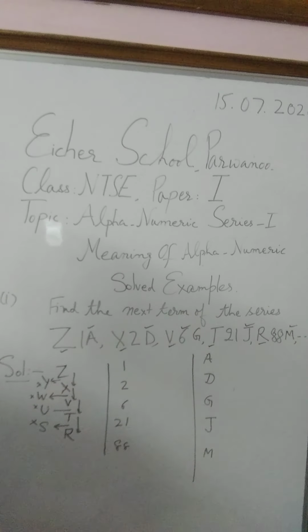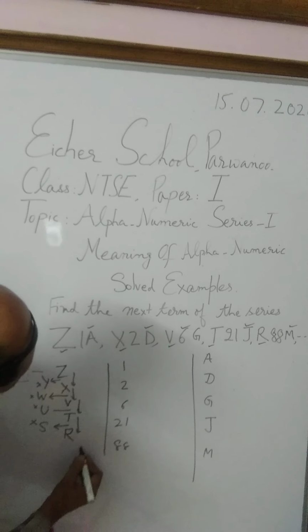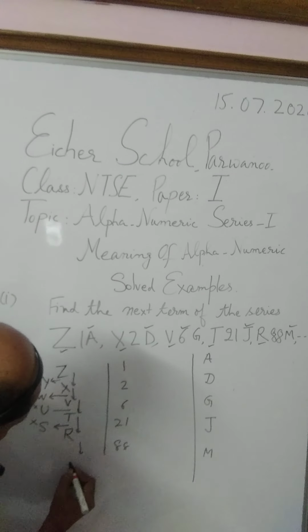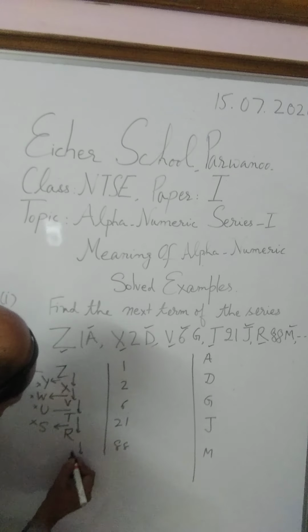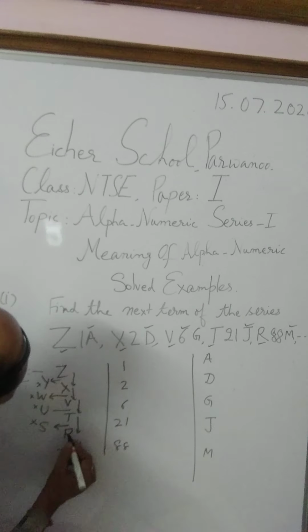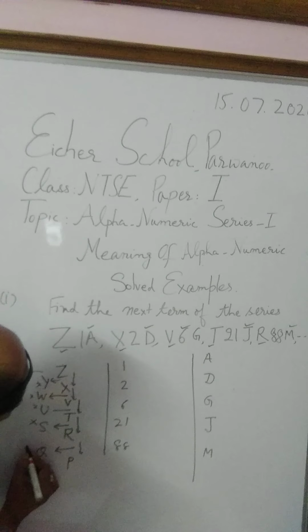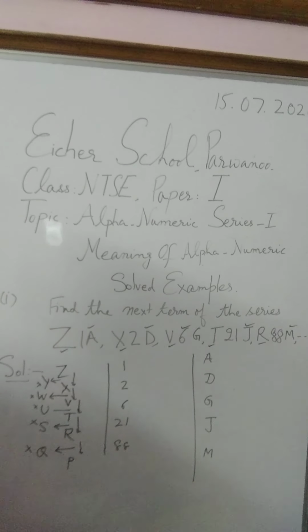So what will be the next after R? From R we will go to our next term, it will be P, because here Q will be missing between R and P. Then we come to a proper sequence: from Z to X, X to V, V to T, T to R, then R to P. So it is in descending sequence.